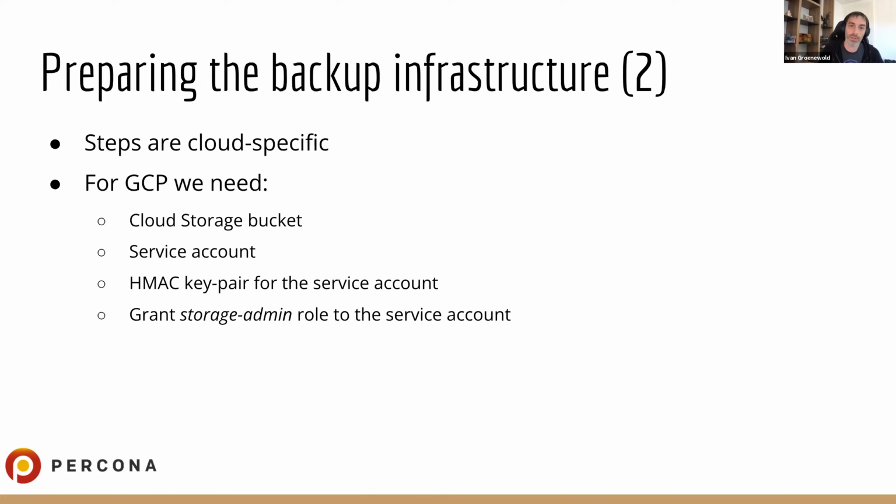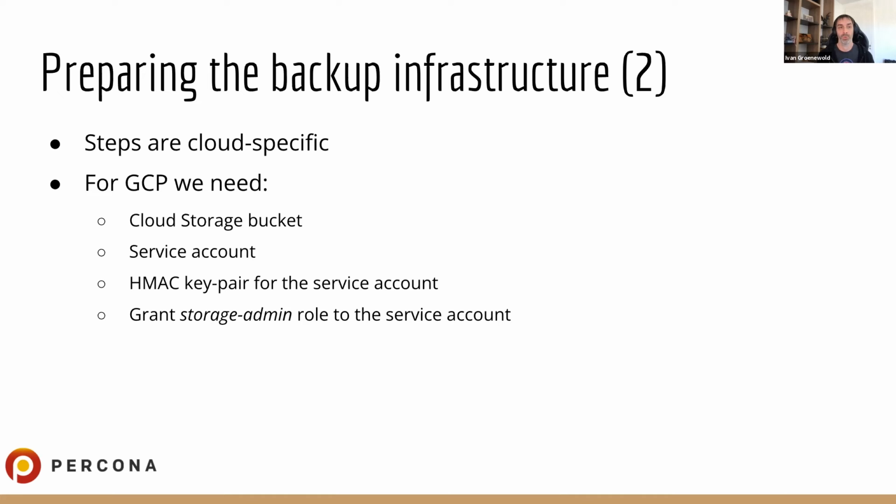The steps to create all of these will be different depending on the cloud provider. For the case of GCP, we have the storage bucket that instances will be able to read and write. Then instances will assume a role via a service account, okay, to do this. So we need to create the service account for the backup service.